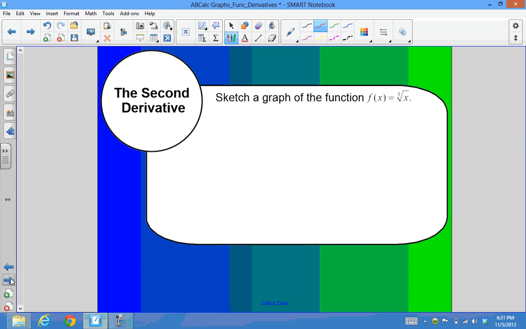Now, here we go. I'm going to sketch a graph of the function f of x equals the cube root of x, so f of x equals x to the 1/3 power. Then f prime of x equals 1/3 x to the negative 2/3 power.